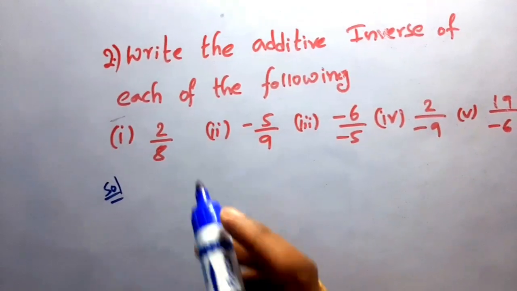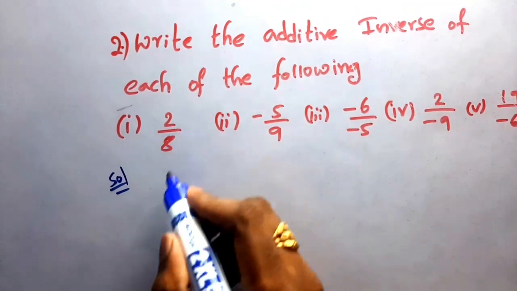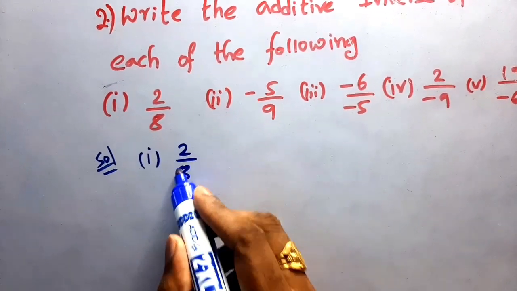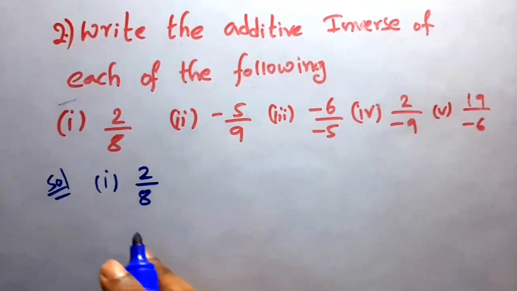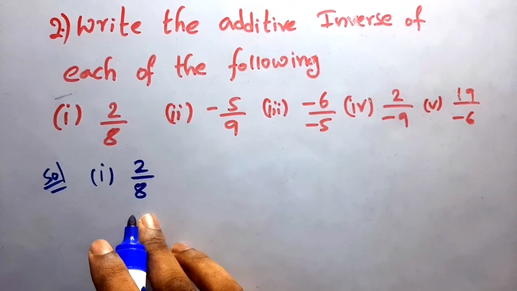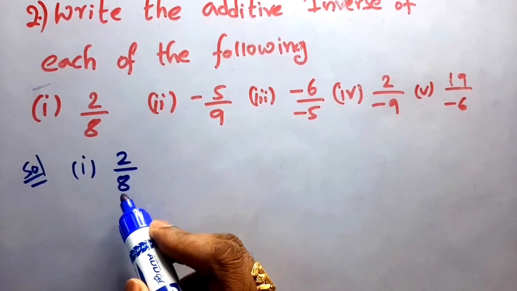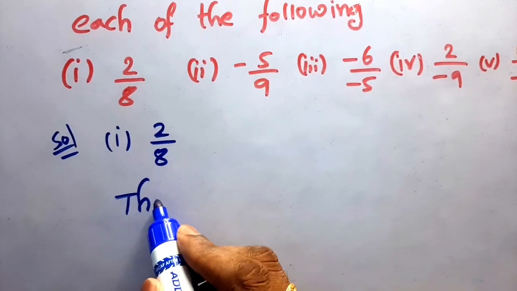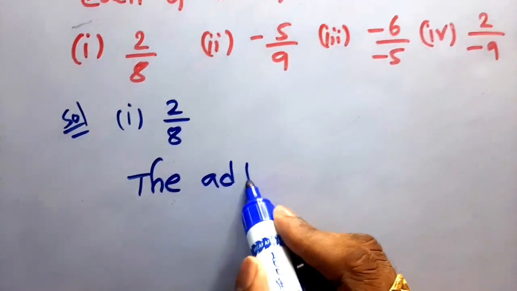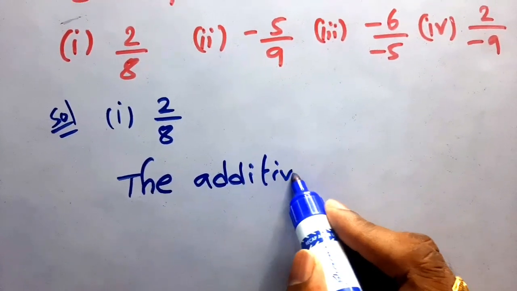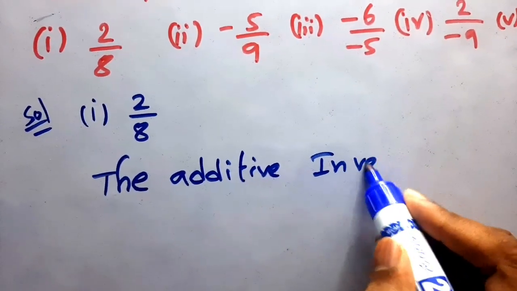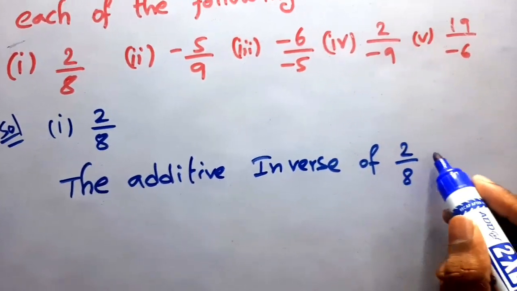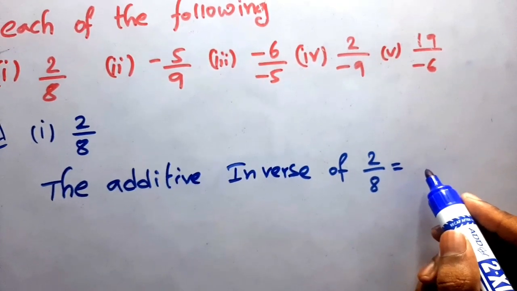See the solution. First one, what is given? 2 by 8. You know how to write the additive inverse of this rational number. The additive inverse of 2 by 8 is equal to, what is the value?